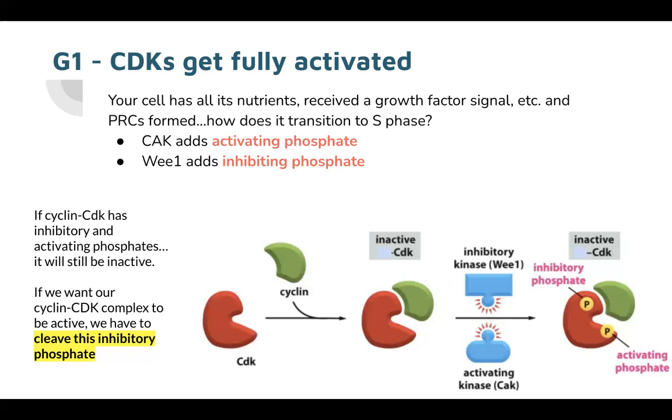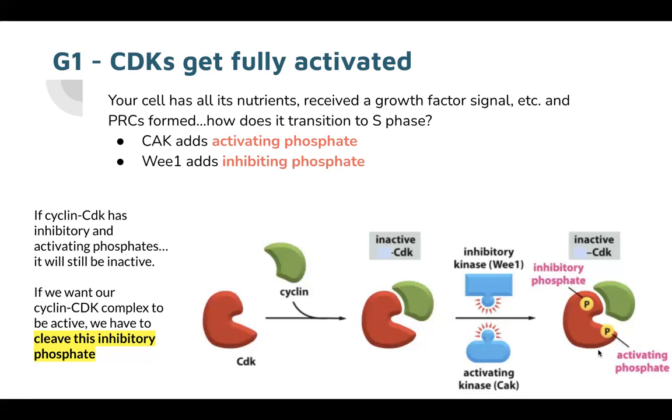Once cyclin and CDK bind, there's an inhibitory kinase called WEE1 that adds an inhibitory phosphate. So it phosphorylates CDK, but it's an inhibitory phosphate, which means that it causes CDK to be inactive. Another kinase that phosphorylates CDK is called CAK, CDK activating kinase, and it adds an activating phosphate.